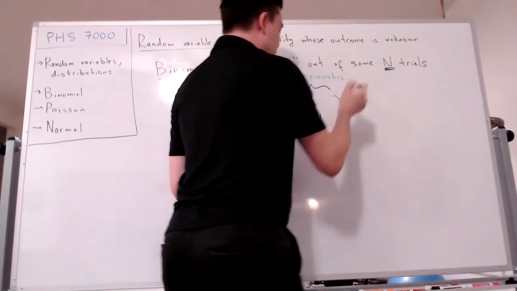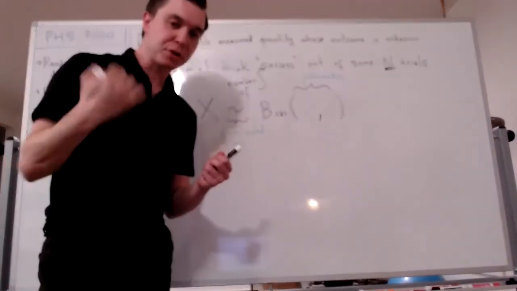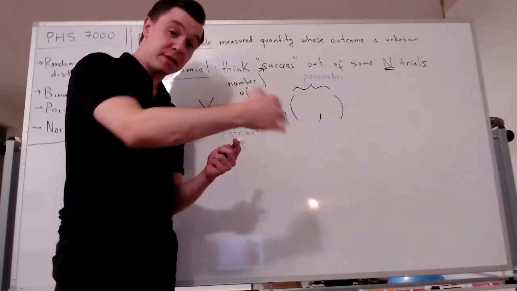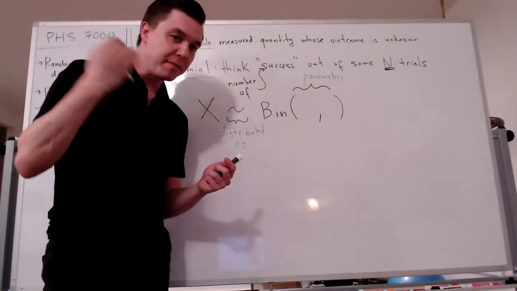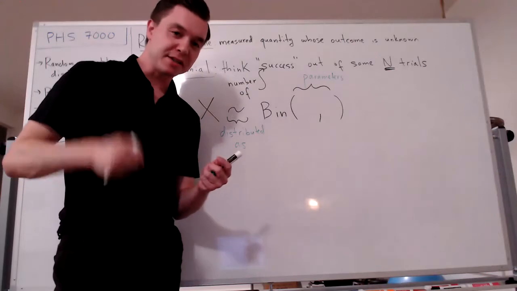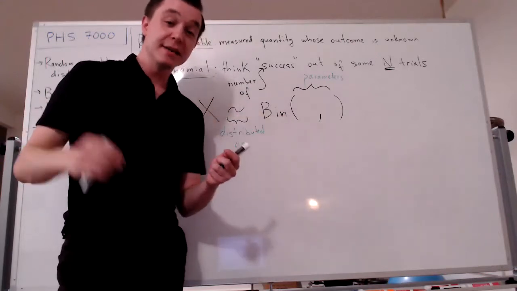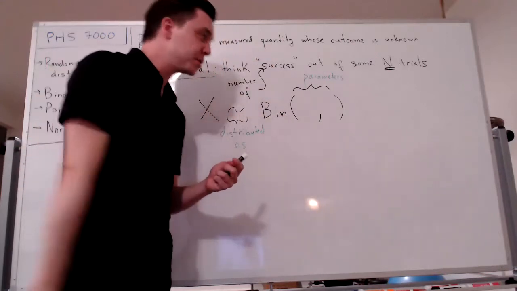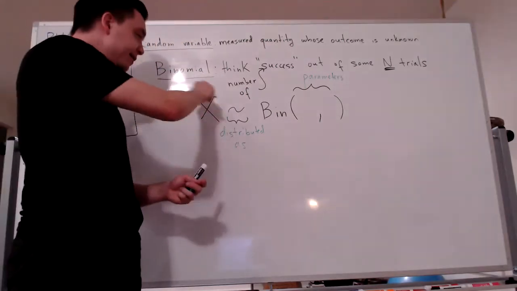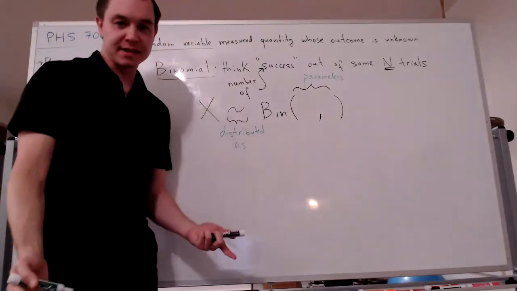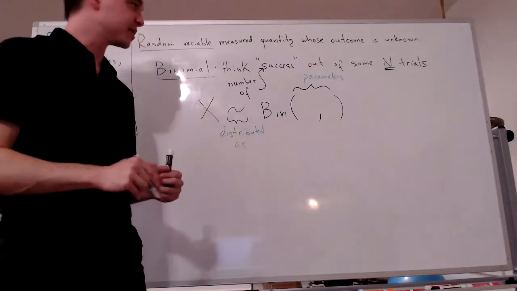So these parameters are numbers that change the shape of the distribution. They change the mean, the standard deviation, the median of the distribution. They change which values of my variable are more or less common. I'll show you an example in just a second.